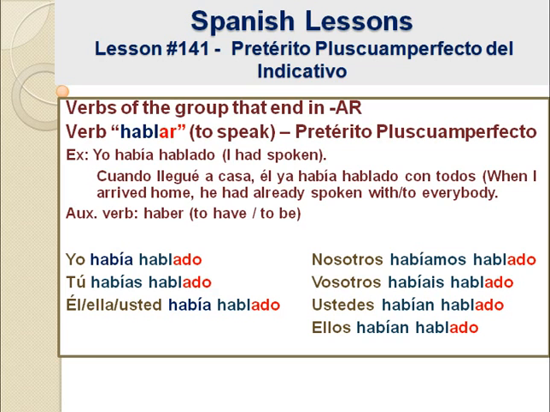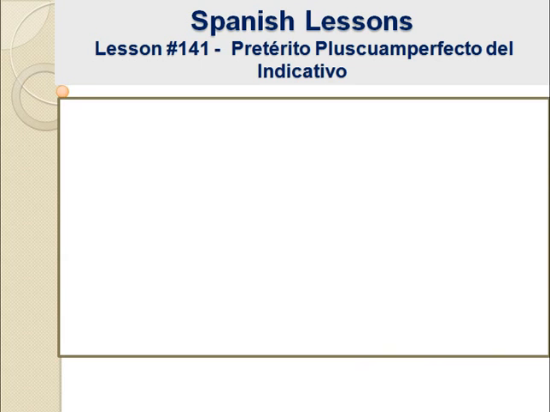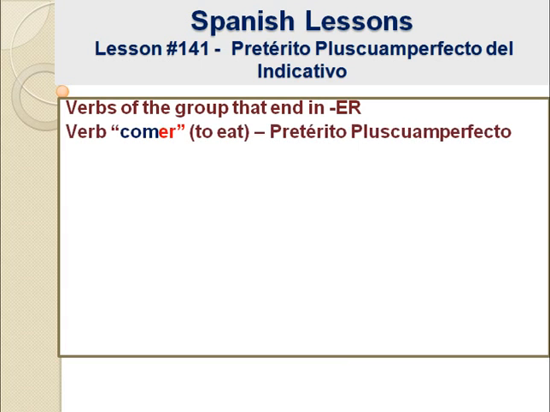Okay? Let's continue with the second group of Spanish verbs, the verbs that end in ER. We choose the verb comer as an example to conjugate. Comer means to eat. Example, yo había comido.